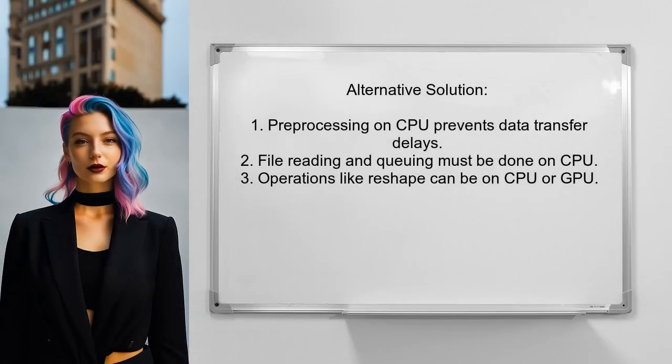This user explains that pre-processing on the CPU can prevent data from bouncing back and forth between the CPU and GPU. They note that certain operations like file reading and queuing must be done on the CPU, while others can be performed on either. This means that if the code doesn't specify the CPU, it may end up switching between the two, which can slow things down.